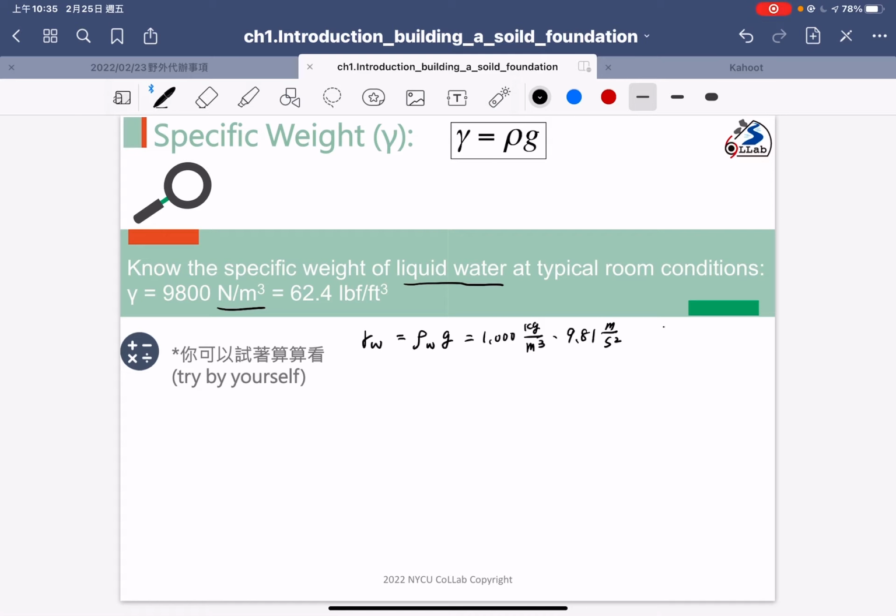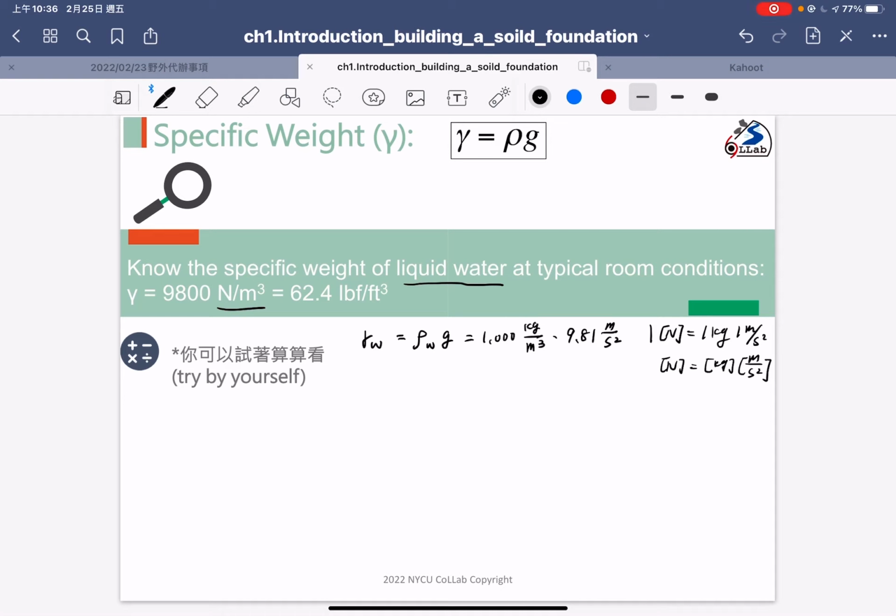So as we know, the unit for the Newton, 1 Newton is equal to 1 kilogram, right? 1 kilogram, and we have the 1 meter per second square acceleration. Okay, so you know the Newton unit is equal to kg times meter per second square.